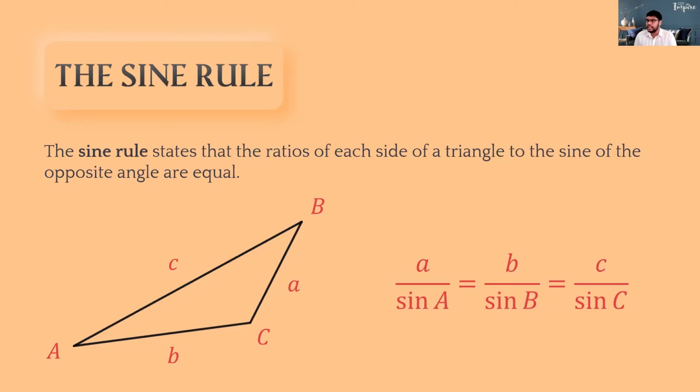So basically what it's saying is, if you take a side length, let's say simple A, divided by sine of the opposite angle, which is sine capital A, is equal to, if you take length B divided by the sine of the opposite angle to B, which is sine B.